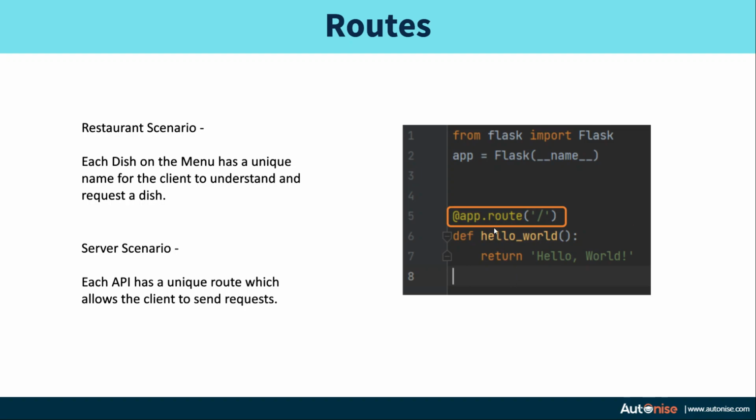Then you can create another function which has app.route slash users and then execute the commands inside that function. So that is how you can create multiple APIs by having different routes for each API. So this is the use of routes. They are used to distinguish the different APIs.